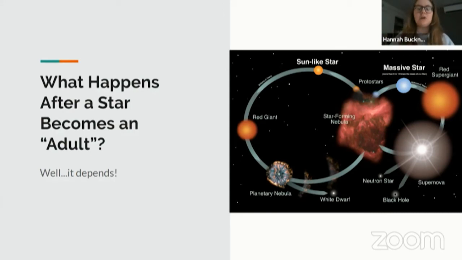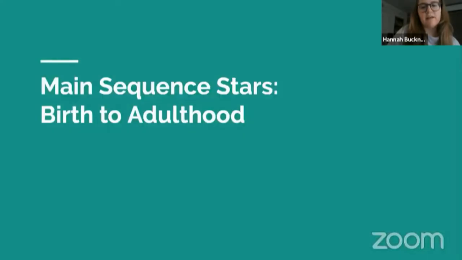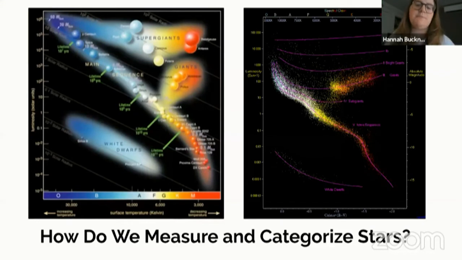And so for a star like ours, we see that it's actually going to become a red giant. And a red giant is pretty massive. Let me go back to that slide about where giants are. You'll see that stars typically like our own will become giants when they reach the end of their life.